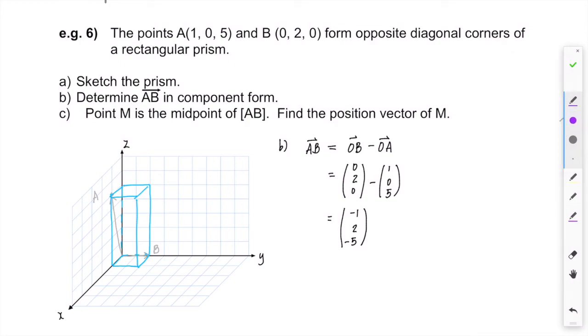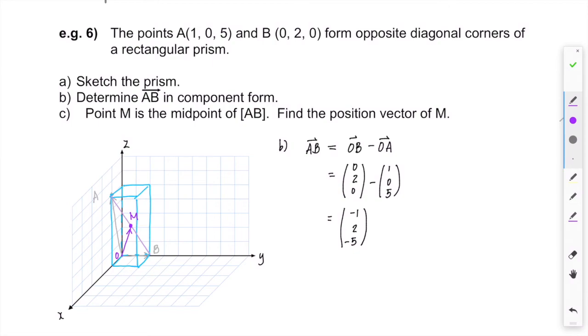Part C. M is the midpoint of AB. Find the position vector of M. I'm going to sketch in the line segment AB, and then roughly here would be the midpoint M. We're looking for the vector OM, the position vector.